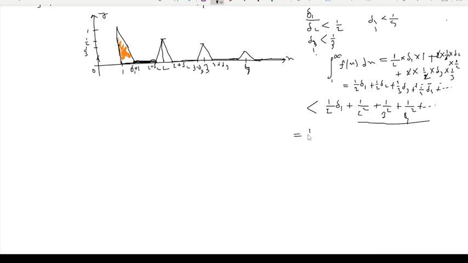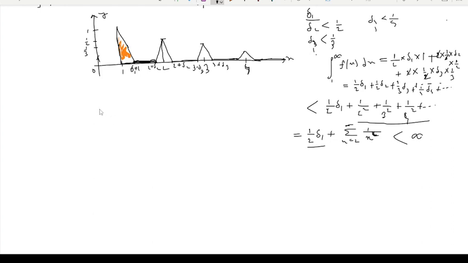This is half delta 1 plus summation n equal to 2 to infinity 1 by n square. This is a p series for p greater than 1, so this is clearly convergent, and this is also a constant term, so the sum will be convergent. So clearly the integration 1 to infinity fx dx is convergent.